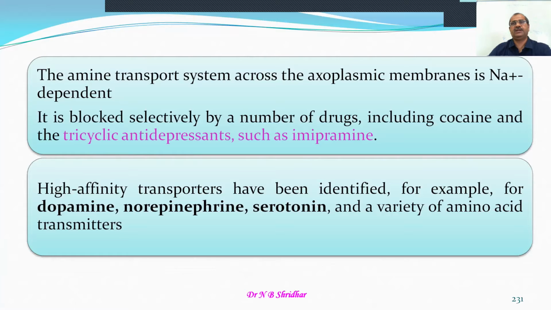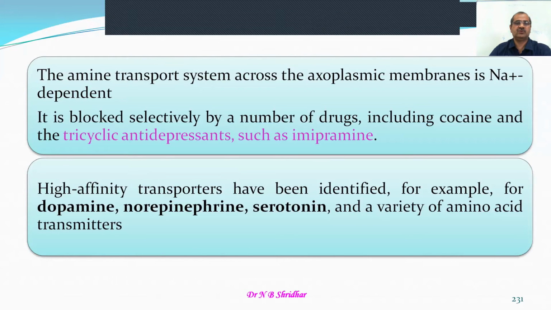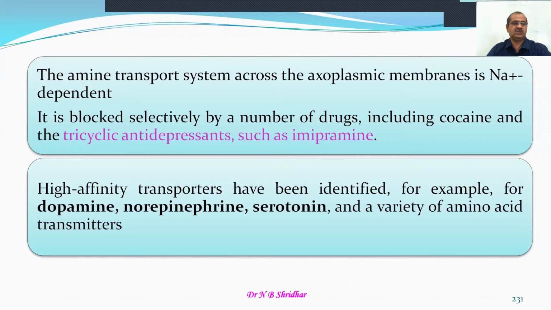It blocks the transportation of norepinephrine across the exoplasmic membrane. Apart from this, the tricyclic antidepressants such as imipramine, desipramine and tranylcypromine bind with the transporter system and prevent the transportation of norepinephrine into the cytoplasm.